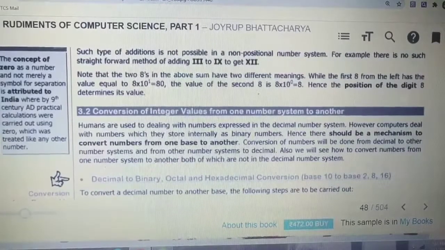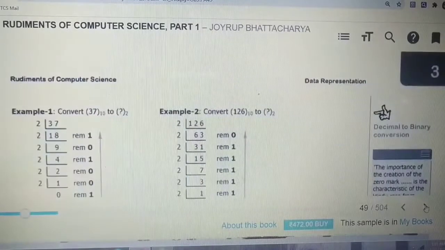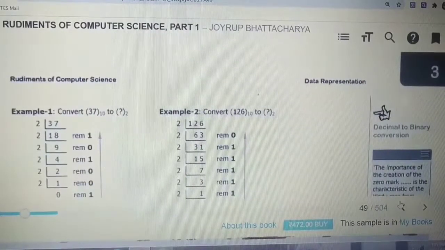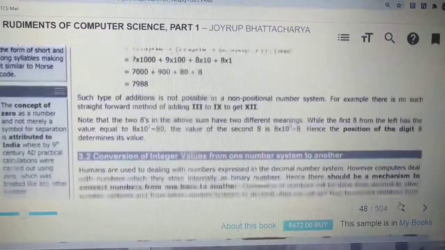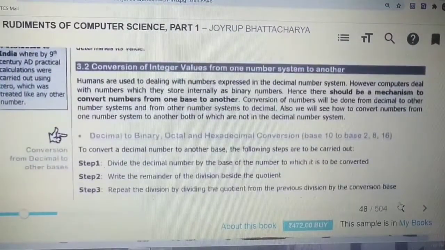The first topic we start with is the decimal number system. From the decimal number we will convert into binary, octal, and hexadecimal, that is, conversion from base 10 to base 2, base 8, and base 16.